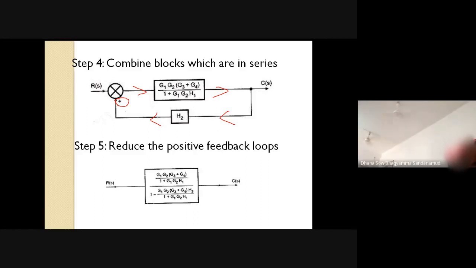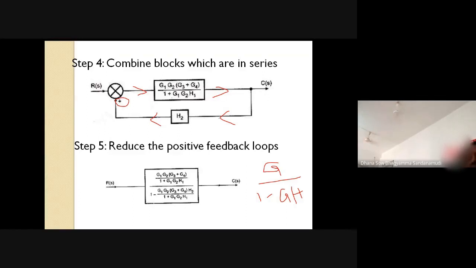Since it is a positive feedback loop, you know how to determine the transfer function of a positive feedback loop. What is it? G by 1 minus G into H. What is the G value?